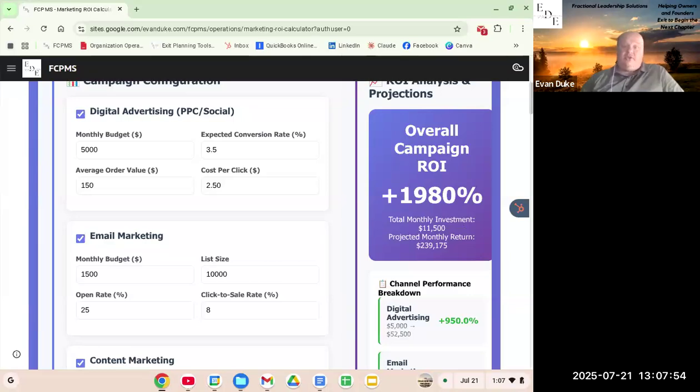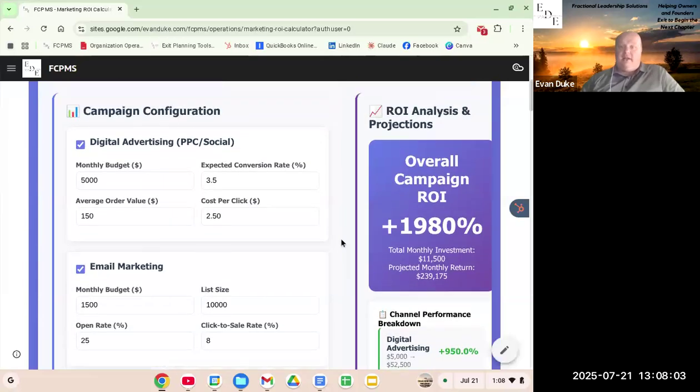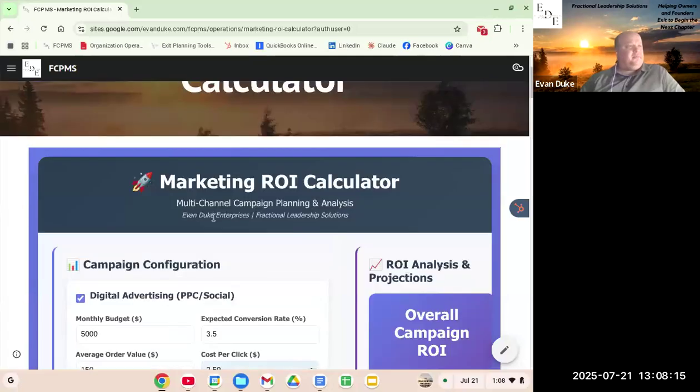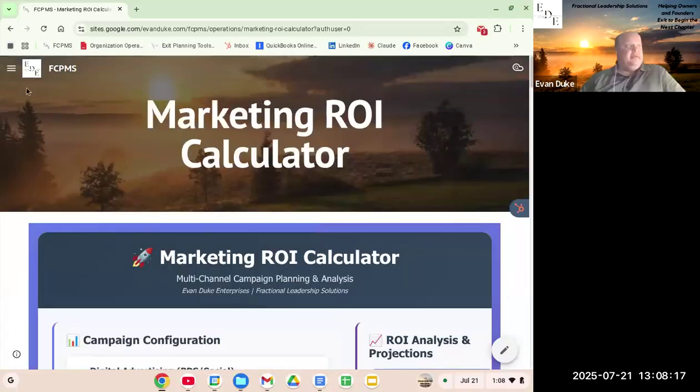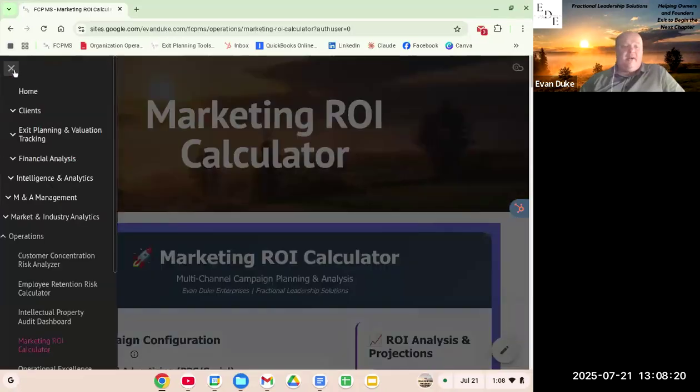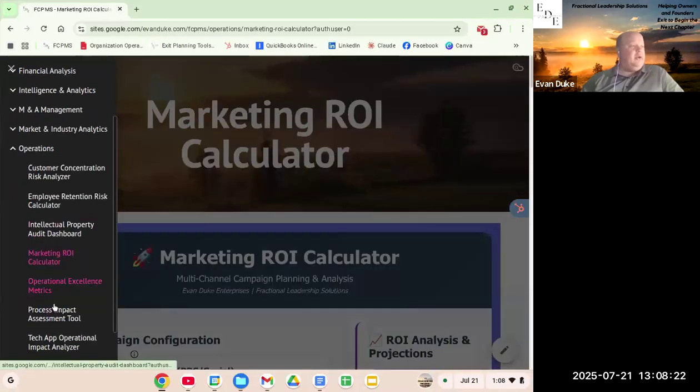That's what this tool is designed to do, helping us get all of these key metrics identified for a multi-channel marketing campaign, so we can budget and execute properly. Then we can see what the analysis and projections are, and adjust accordingly. This is a tool that would be very helpful for us moving forward.